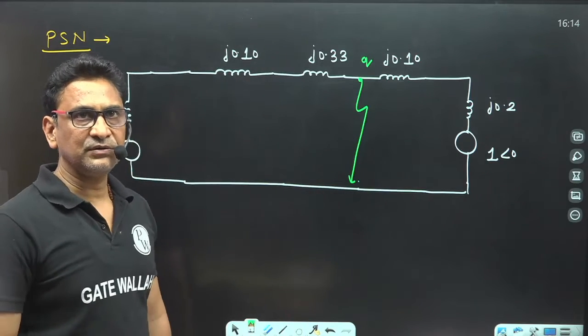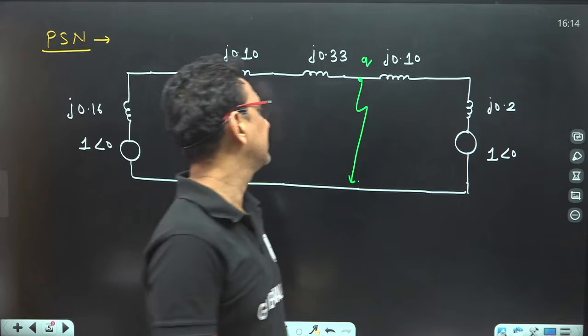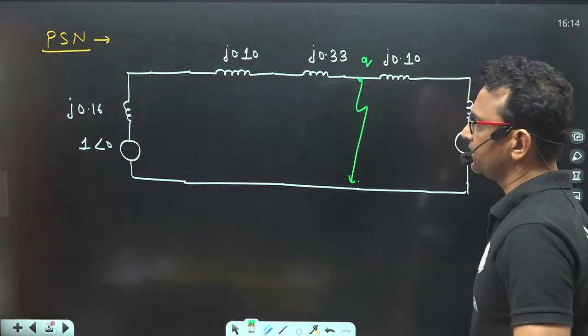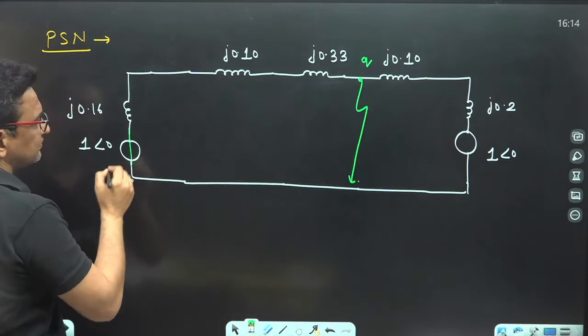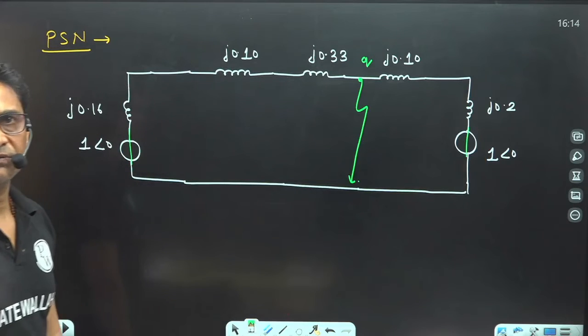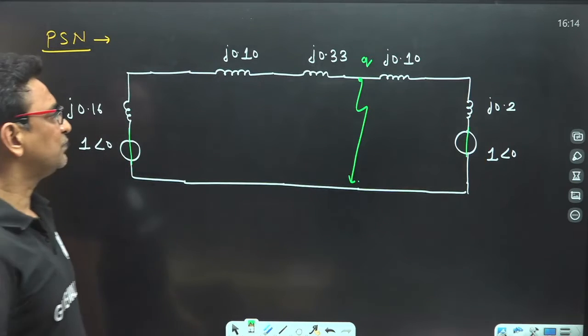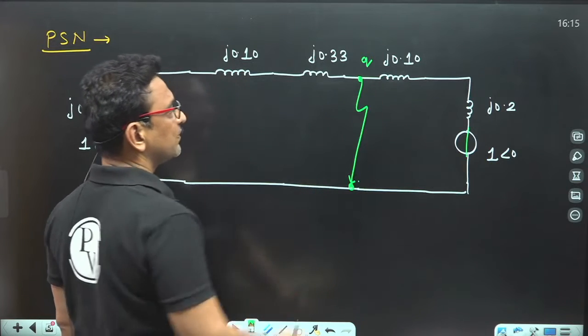Now just find out the Thevenin equivalent positive sequence reactance at the fault point. To find the Thevenin equivalent reactance, we will turn off the sources. Here we have two voltage sources. Turn off the voltage sources. Now find out the Thevenin equivalent reactance at this point.